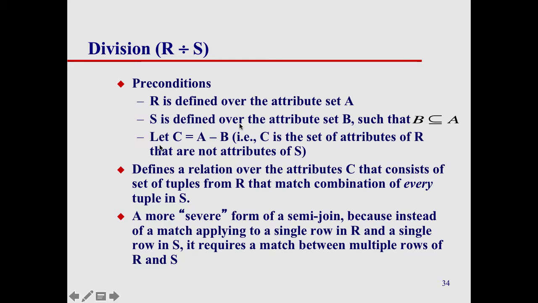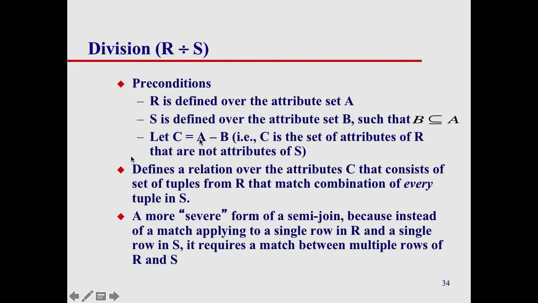And then in the result is tuples from R. It's like a semijoin. So we're only interested in the result in tuples from the dividend, which is R. And specifically, we're only interested in the attributes that are in R, but not S.